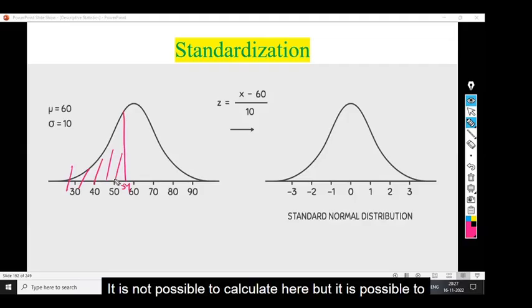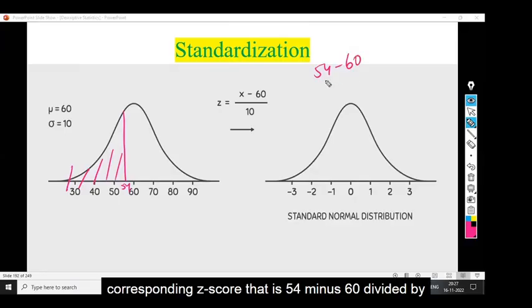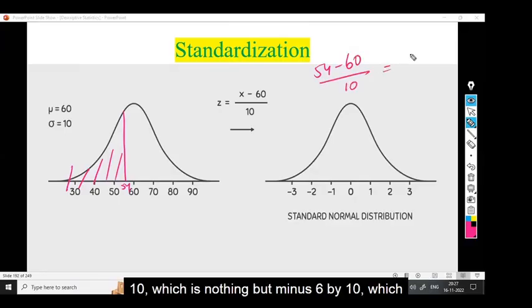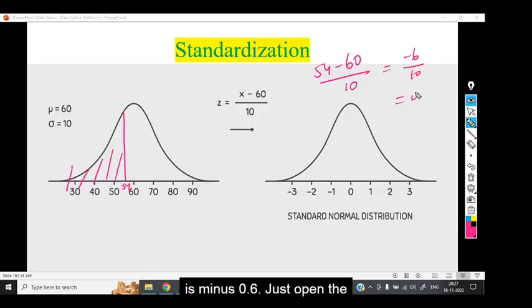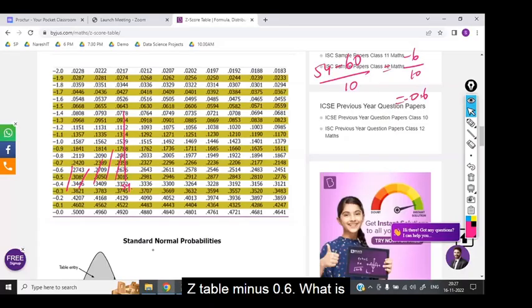It is not possible to calculate here, but it is possible here. Just convert this 54 to the corresponding Z score. That is 54 minus 60 divided by 10, which is -6 by 10, which is -0.6. Just open the Z table. -0.6, what is the value? 0.2743. That is the answer.